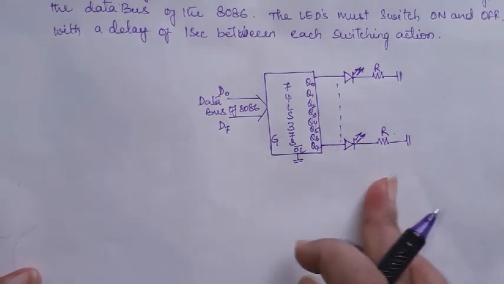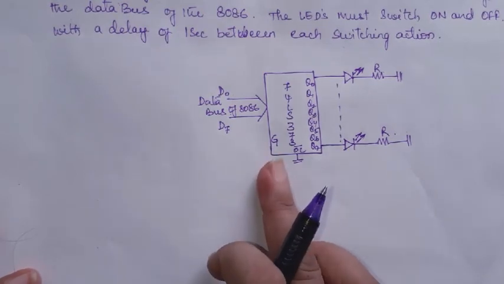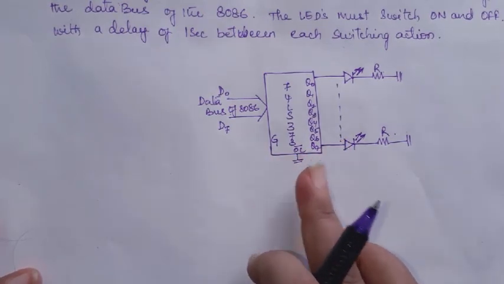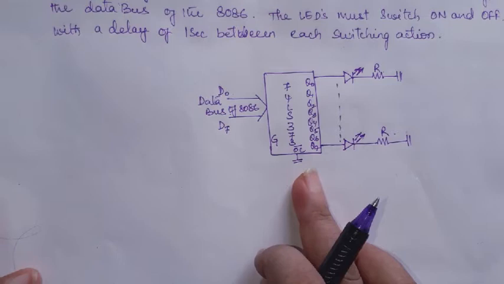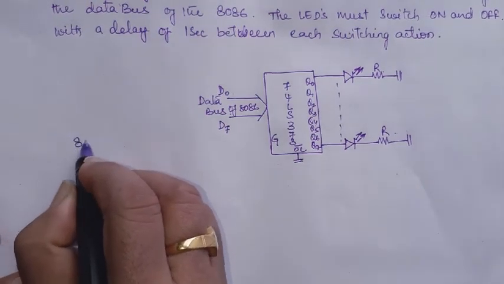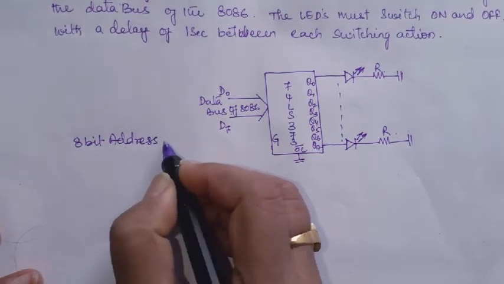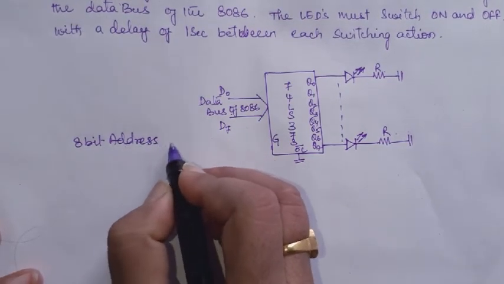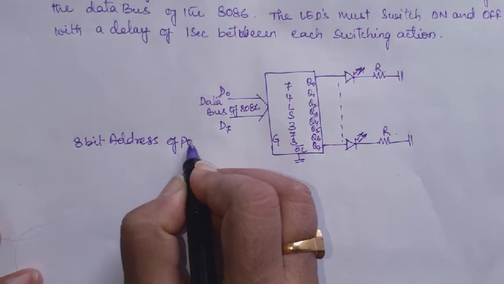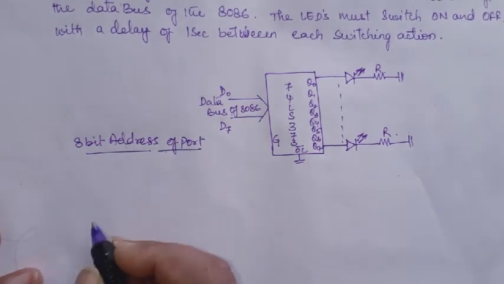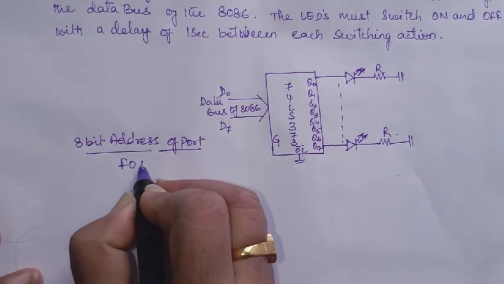Now what remains is how we select this particular chip, how the address is decoded. Let us suppose the 8-bit address of this output port, which is not specified here, let it be F0H.